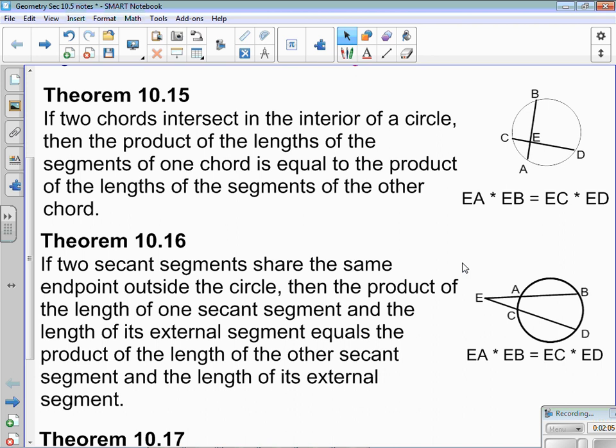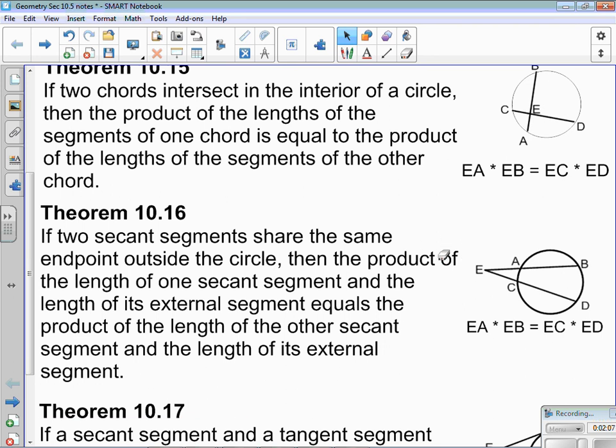Theorem 10.16: if two secant segments share the same endpoint outside the circle, then the product of the length of one secant segment and the length of its external segment equals the product of the length of the other secant segment and the length of its external segment. So two secant segments intersect outside the circle.